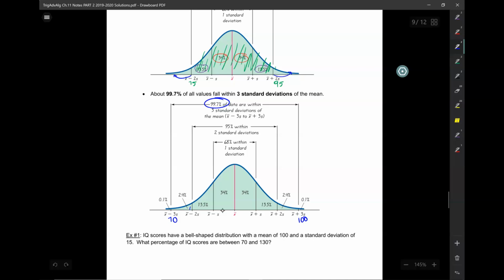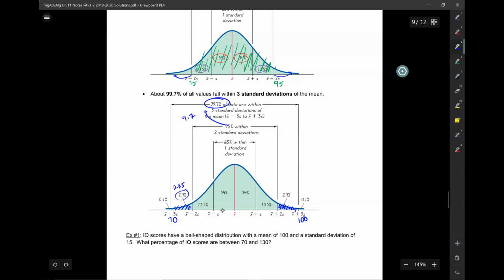So the added part here, from the 2 standard deviations to the 3 standard deviations, it's a very tiny amount. Before it was 95%, now I added 4.7, so half of it lies here, 2.4%.